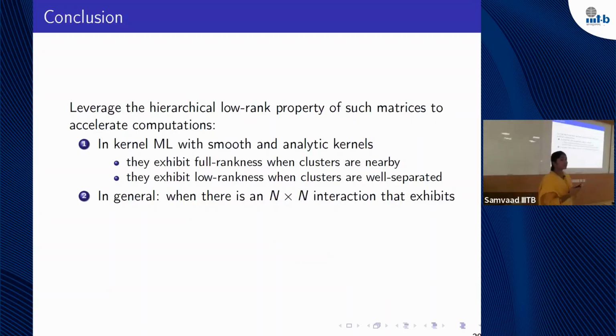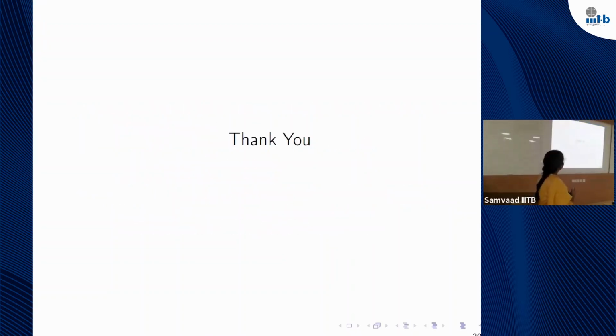Wherever you have an n cross n interaction matrix, where you have local interactions to be strong and far away interactions to be weak, you can approximate your matrix with a hierarchical matrix structure. Yeah, that's the conclusion. Thank you.